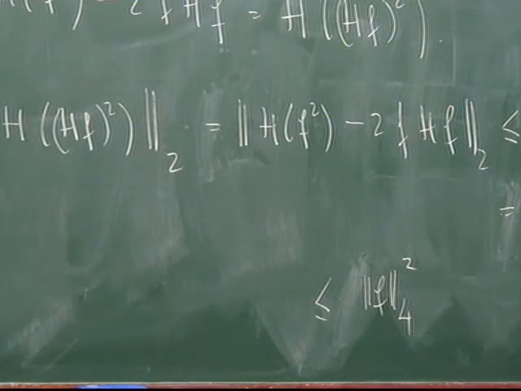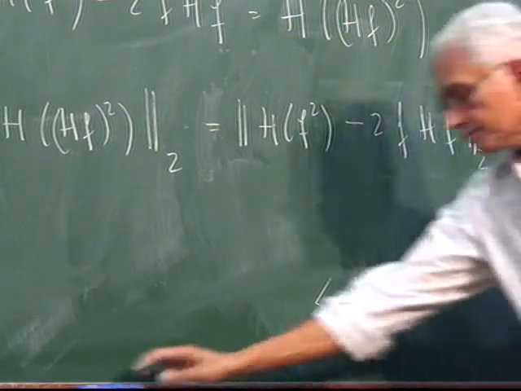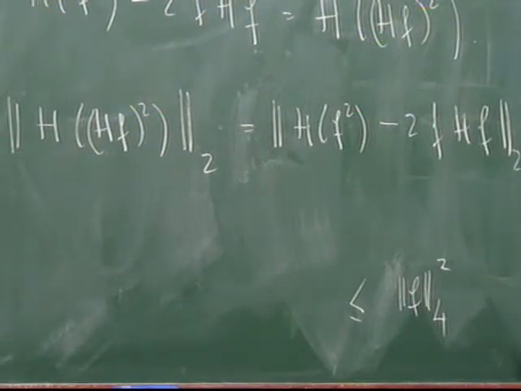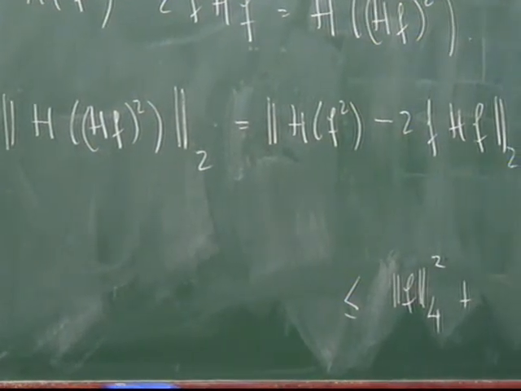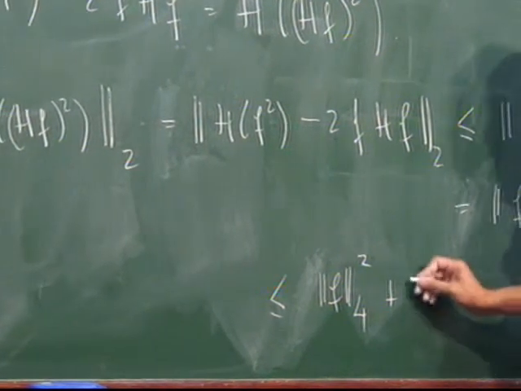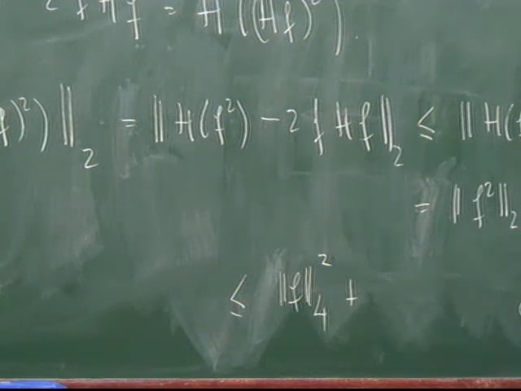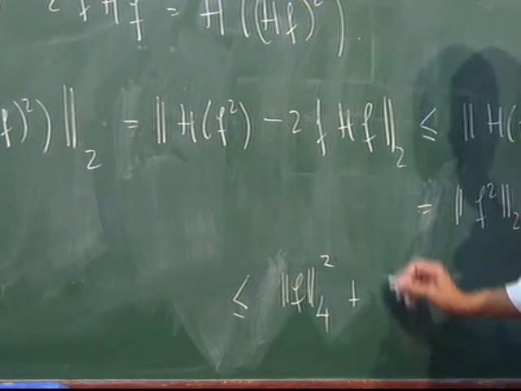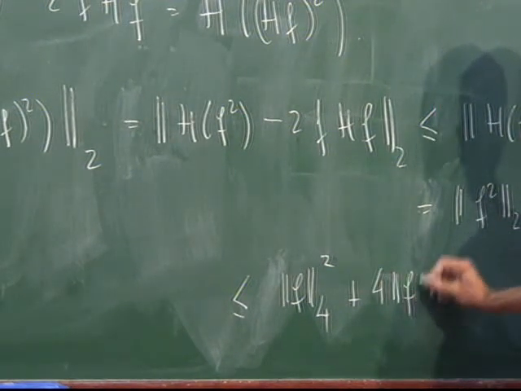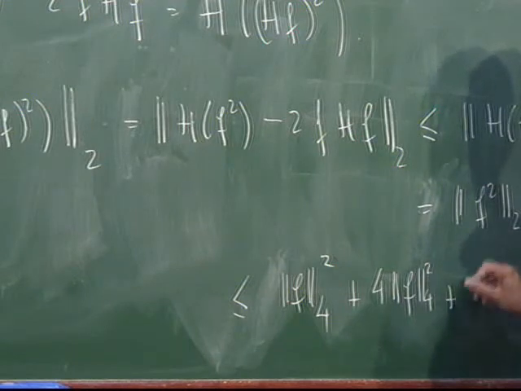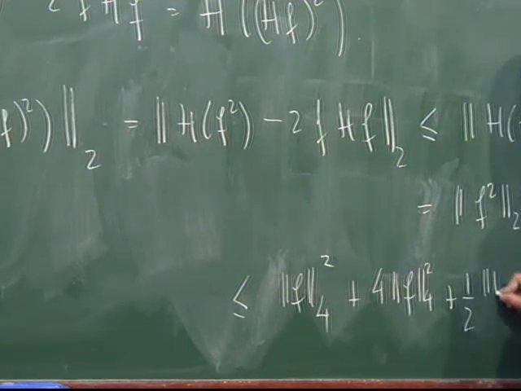And now I can use Young's inequality and do this. Let's do this: it is 4 times the L4 norm of f squared plus 1/2 the norm of the Hilbert transform of f squared.